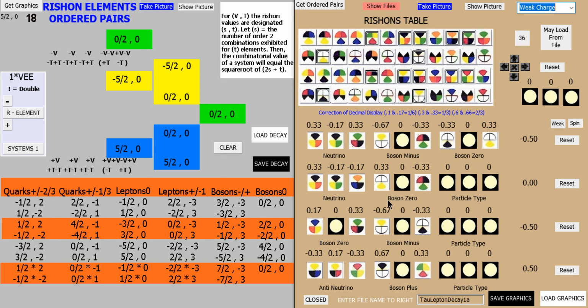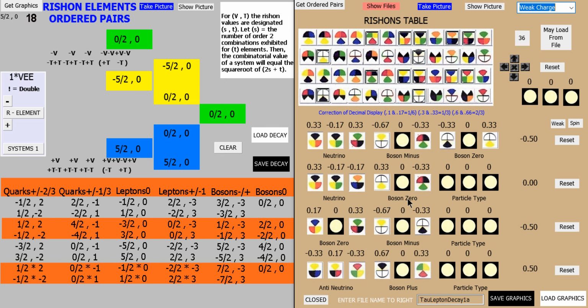And the contribution on the boson 0 here is minus 1/3 and plus 1/3, which is also 0. So the weak charge of the right-handed tau neutrino will be 0 as predicted by the standard model.